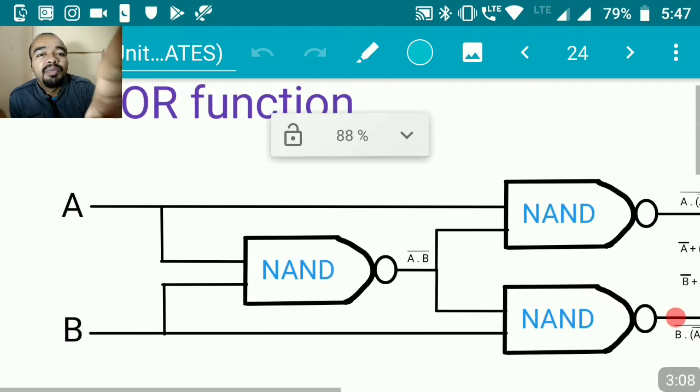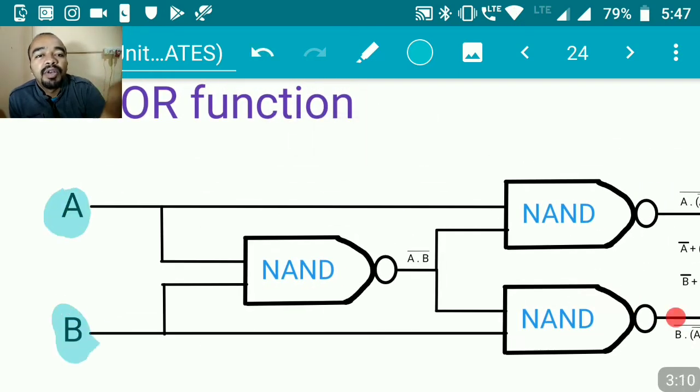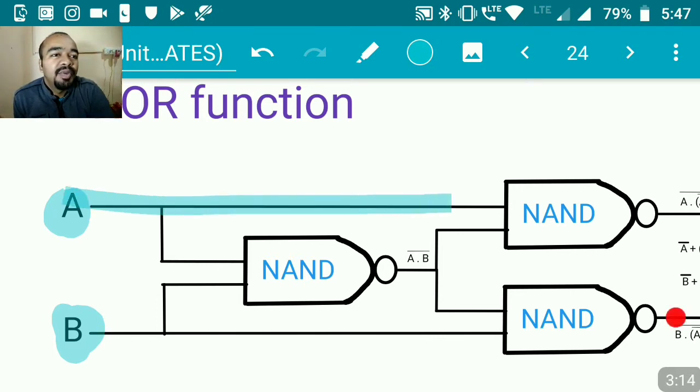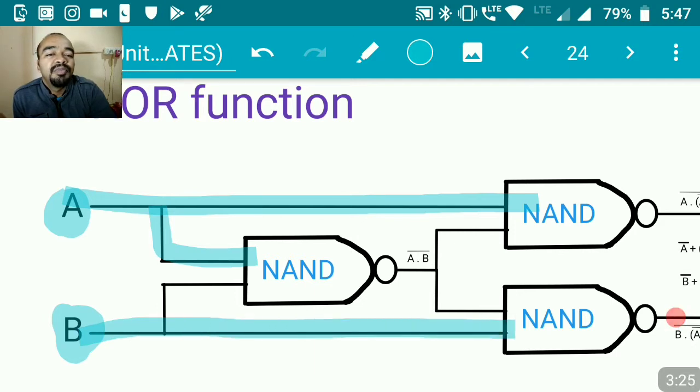We have an input named A and one more input named B. Input A is given to NAND gate 2 and to NAND gate 1, and input B is given to NAND gate 1 as well, and to NAND gate 3 as well.